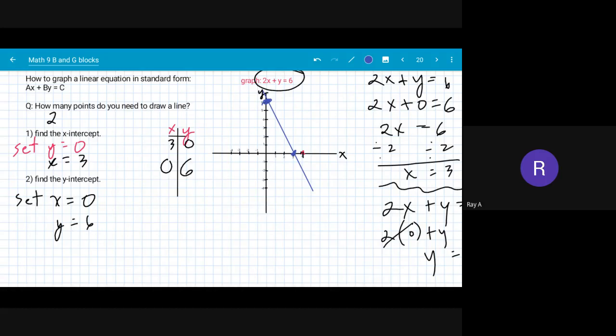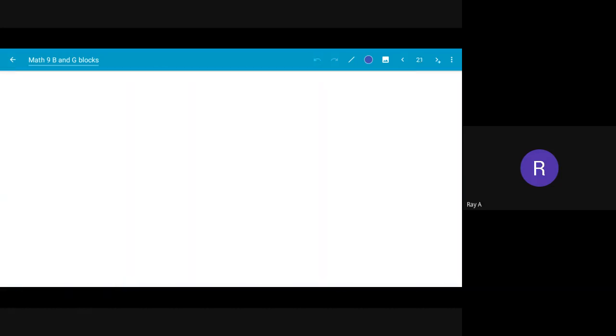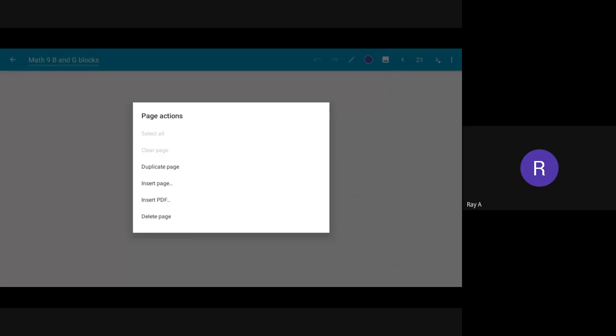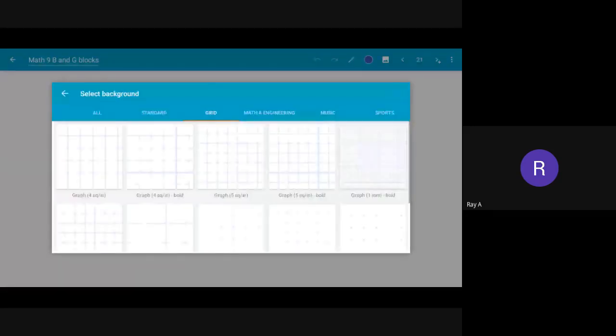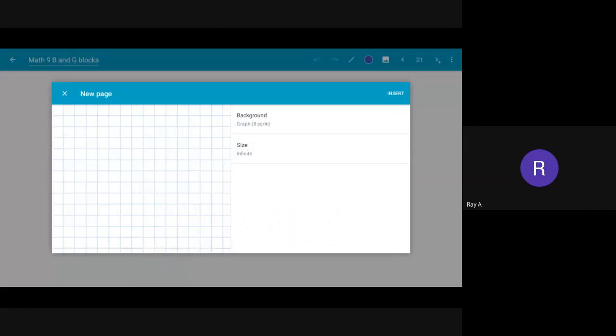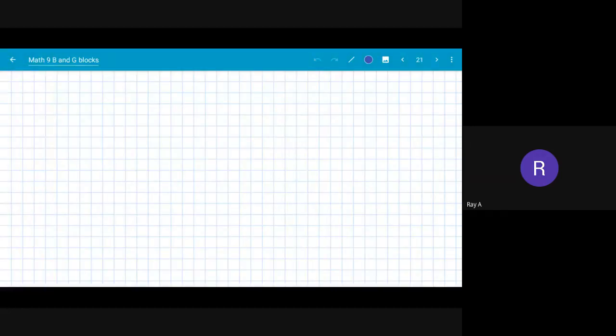All right, so I'm going to go over questions that are similar to the homework that I'm going to give. Here we go. I'll start with 4.3, determining whether the given ordered pair is a solution.